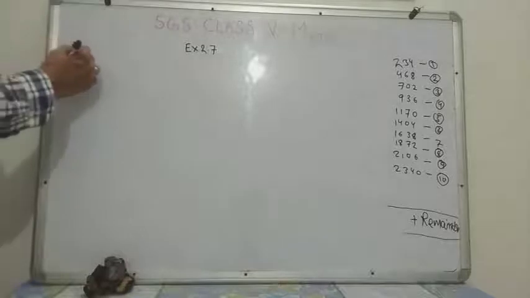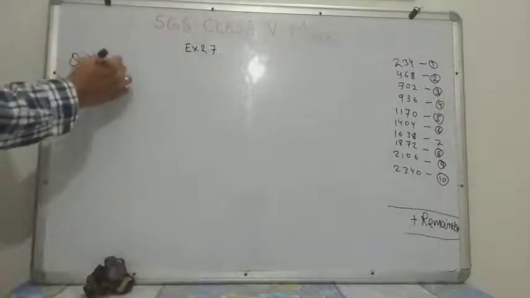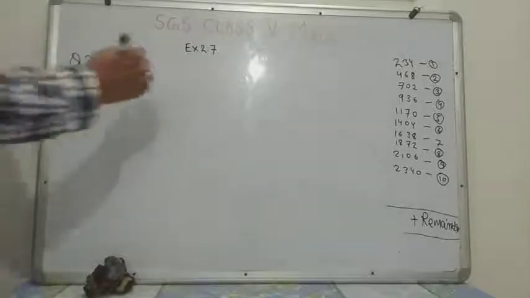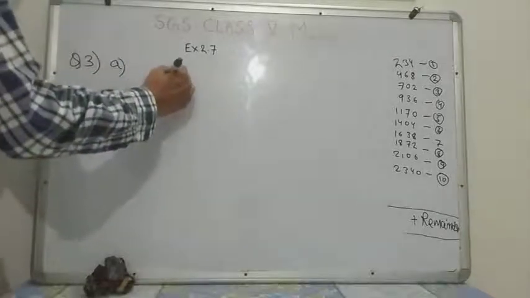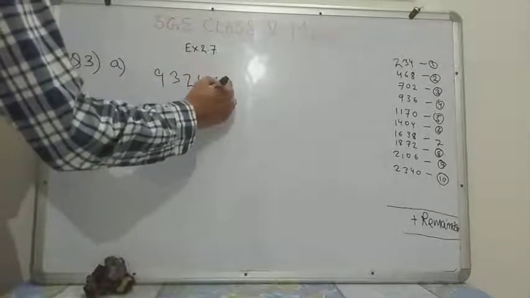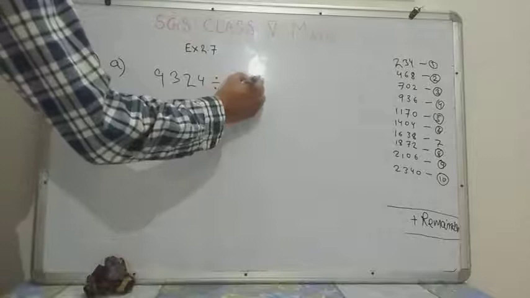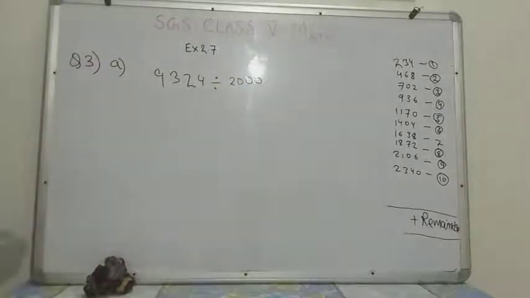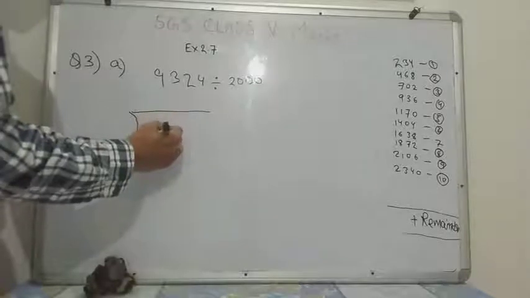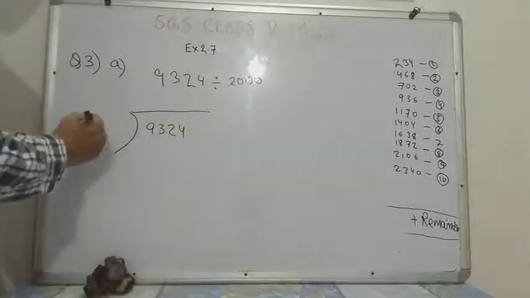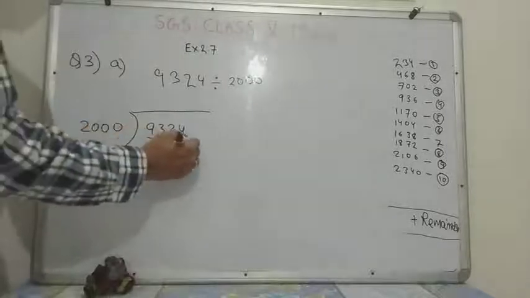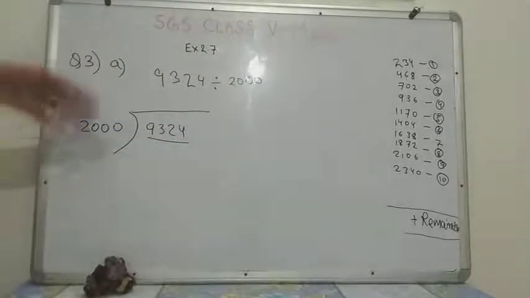Question number 3, we have to solve like this. Here 9324 is given and we should divide by 2000. Same process we have to follow. We have to make a pair. How many digits? 4 digits. Now we check which multiple it comes under.